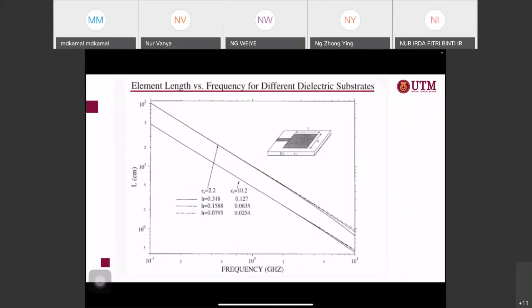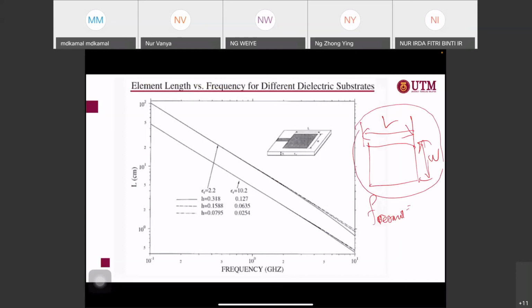Actually, microstrip is not really difficult to design. For the rectangular patch, you need to find the W and L. If you know what L is and what W is, then you know the resonance here. It means that the patch of this antenna depends very much on the operating frequency.